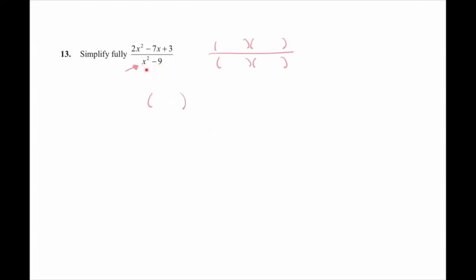Well, X isn't in both, so X can't come outside, and there isn't a number, so I don't have a times table that's common to come out. So as soon as you try that, you'll notice it fails very quickly. This is the difference of two squares. So this is just a square number that we need to root. And then you've got your X plus 3 and X minus 3, which are your results for square rooting 9.